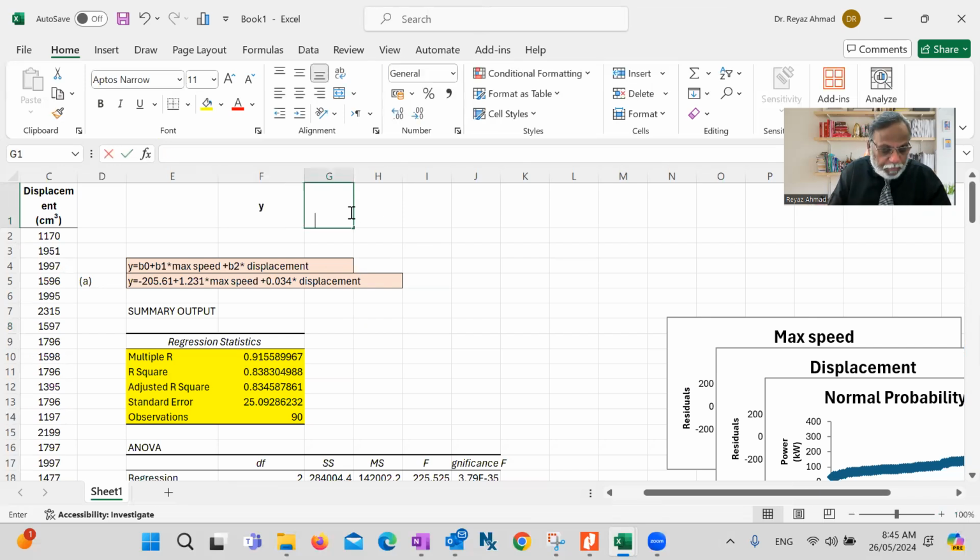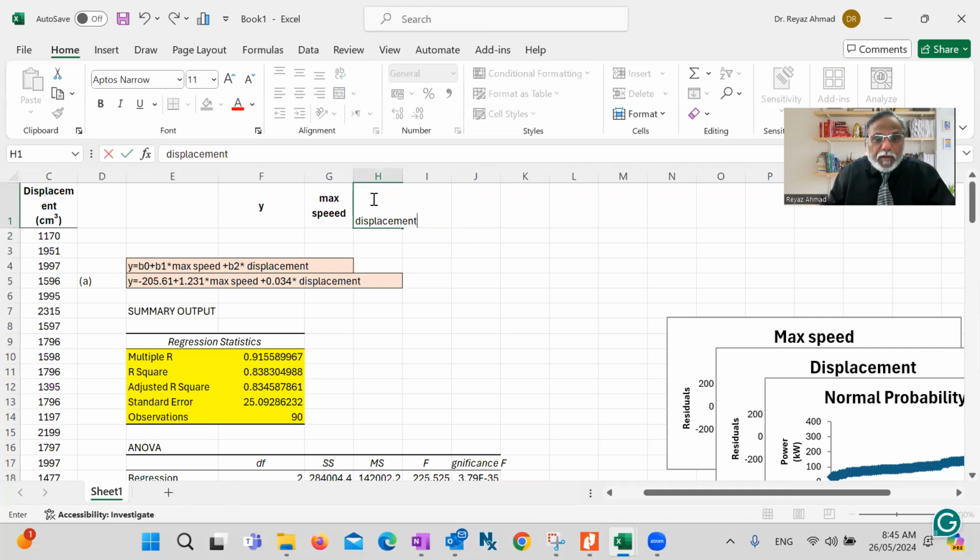I have the maximum speed given, and next I have the displacement. The maximum speed is given to you as 200, and the displacement is given here as 1800.